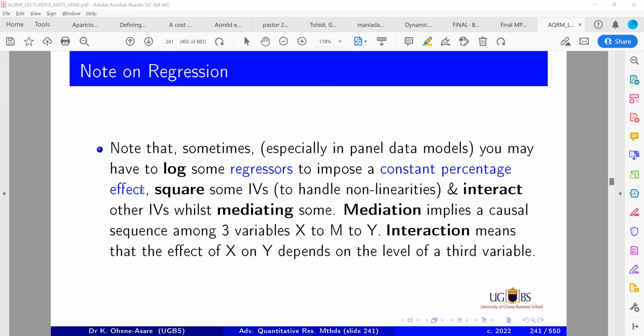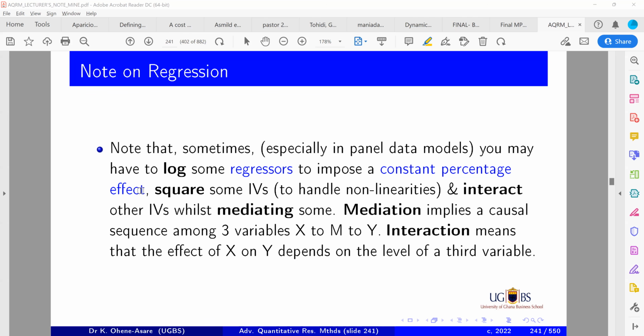Income is affected by inflation. So you can take the log. Interest rate is affected by inflation. Exchange rate is affected by inflation. Bank deposit is affected by inflation.